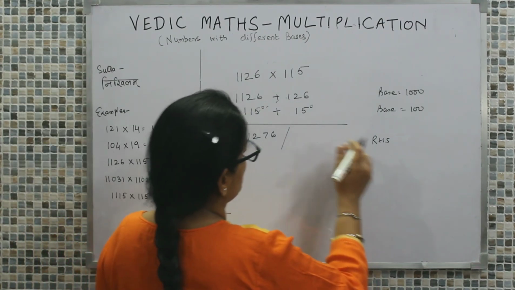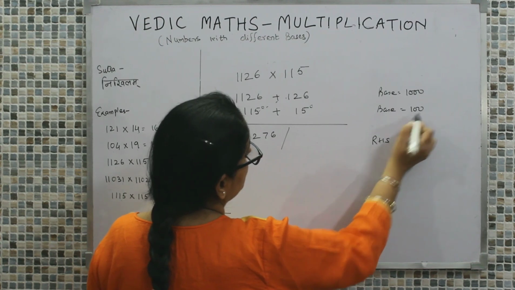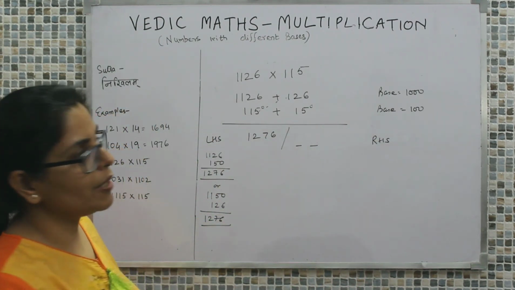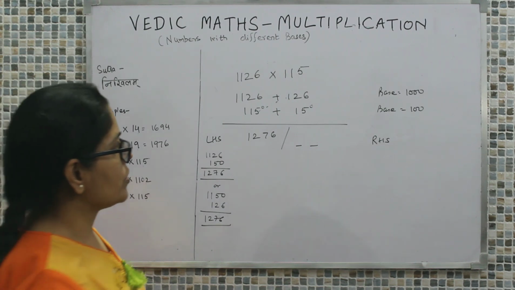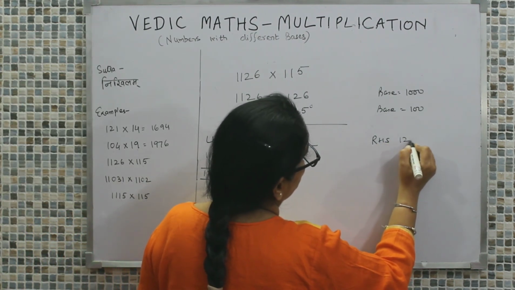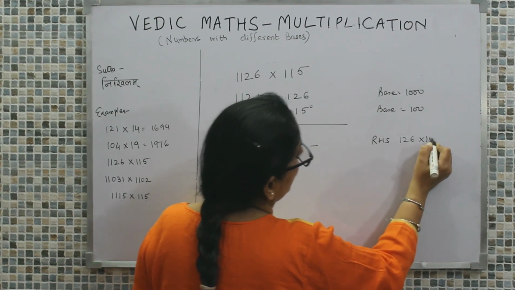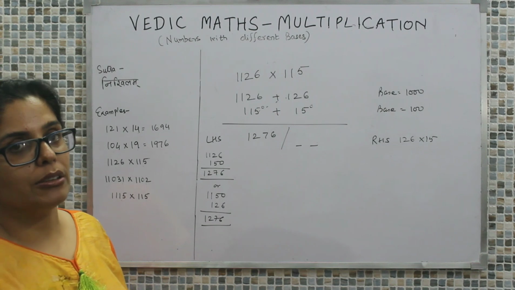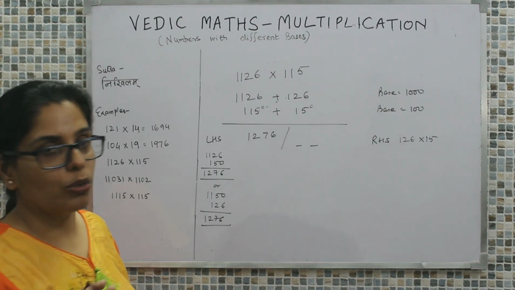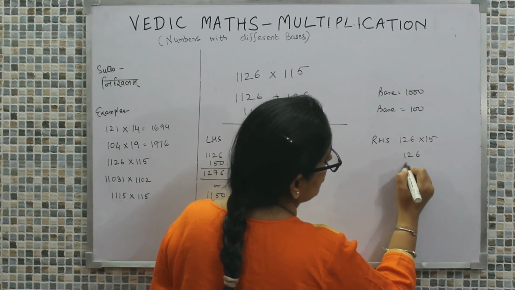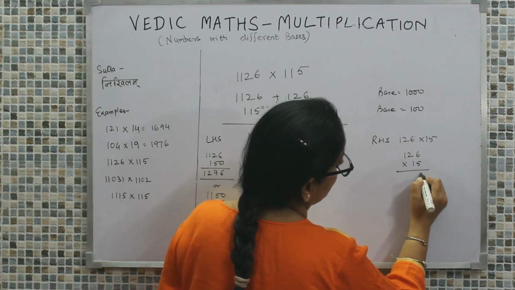Talking about the RHS. RHS will have how many places? 2 places, because the smaller base has 2 zeros. Next, calculating the value of RHS. RHS will be 126 into 15. As I told you, the 0 which we have appended over here will be considered only for the LHS but not for RHS. So we have 126 into 15.